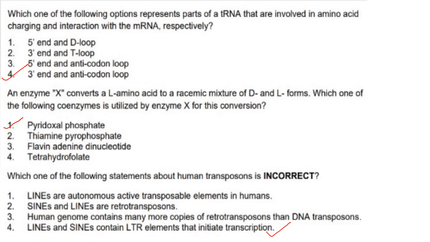LINEs and SINEs contain LTR, that is long terminal repeat, that initiate transcription. No, LINEs and SINEs do not contain LTR elements. So they have asked which is the incorrect statement. So the answer is option 4.